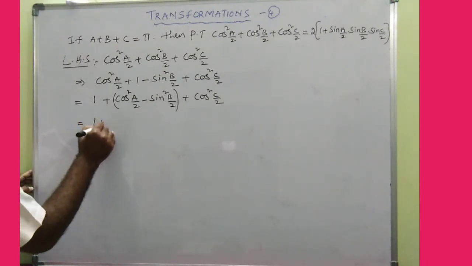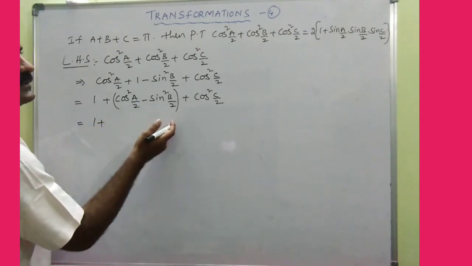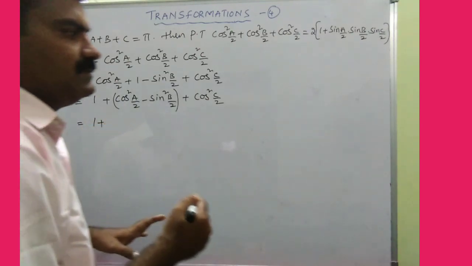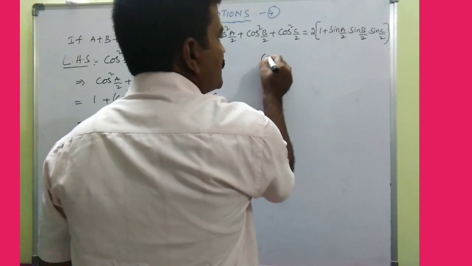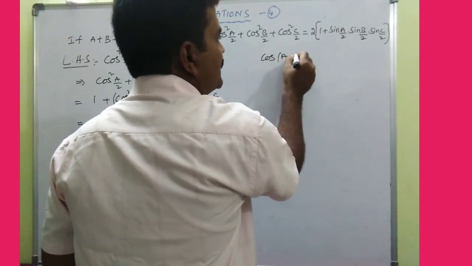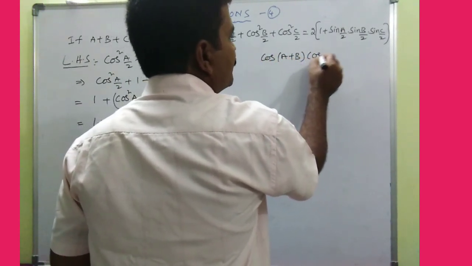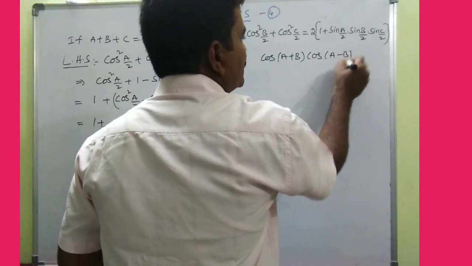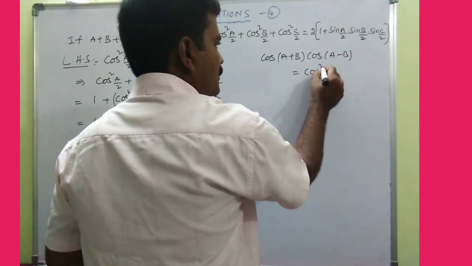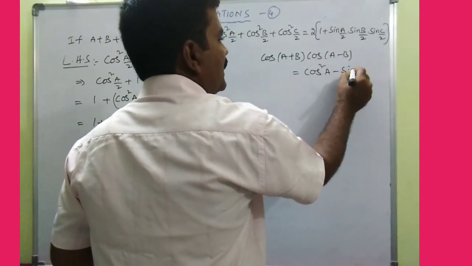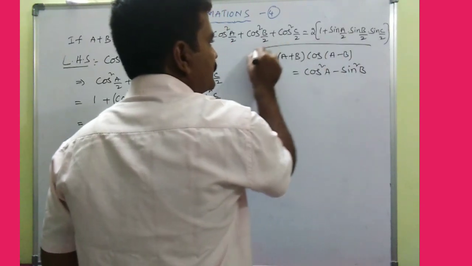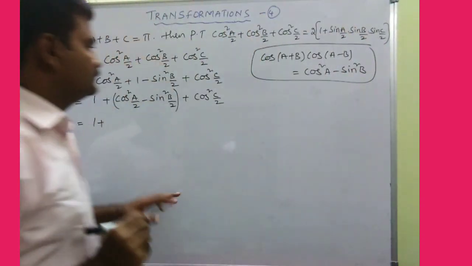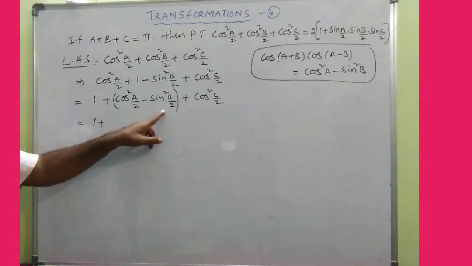So clearly this is cos of A plus B into cos of A minus B, because you know what is that? Cos of A plus B into cos of A minus B is equal to cos square A minus sin square B. This is the formula.